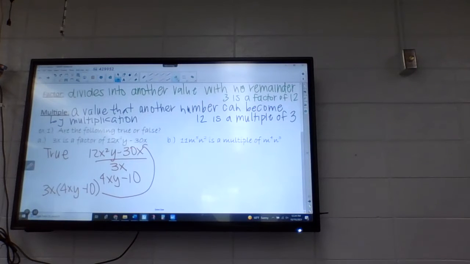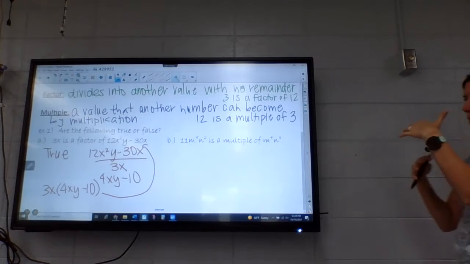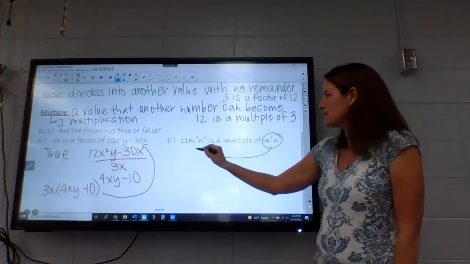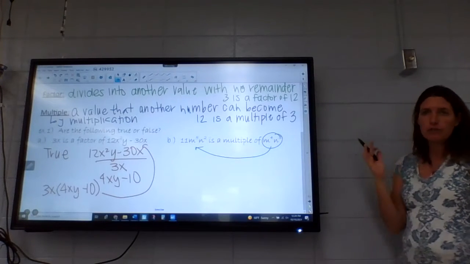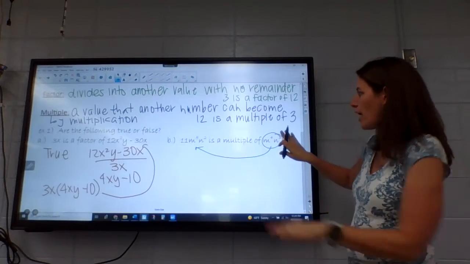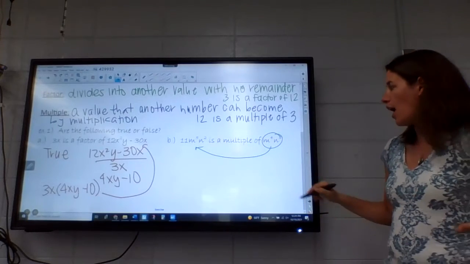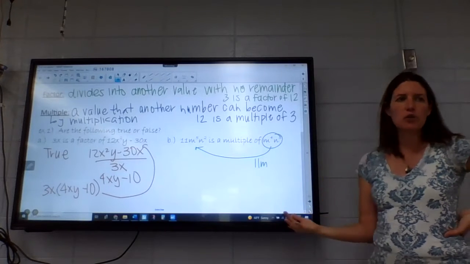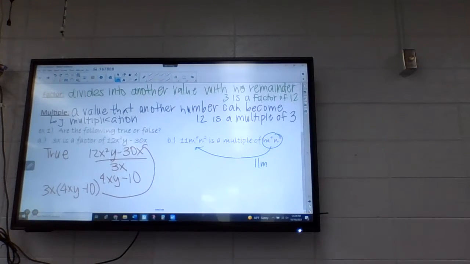No? So what's wrong with it if it's no? There'd be a remainder on n if I tried to divide them. So I couldn't multiply this by something to get that. I could multiply it for the first half. If I took off the n's, it would be okay. I'd multiply by 11m, but the n I would have to lose somewhere, and that doesn't work.